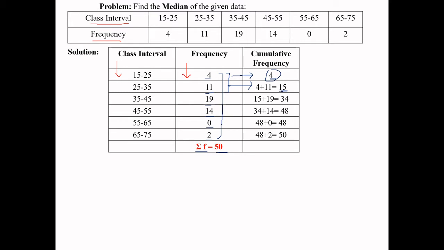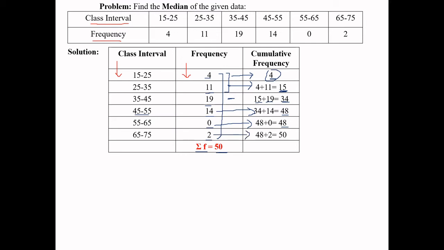Now add this to the next frequency: 15 plus 19 is 34. Add this cumulative frequency to the next frequency of class interval 45 to 55. So 34 plus 14 is 48. Similarly, 48 plus 0 is 48, and 48 plus 2 is 50.